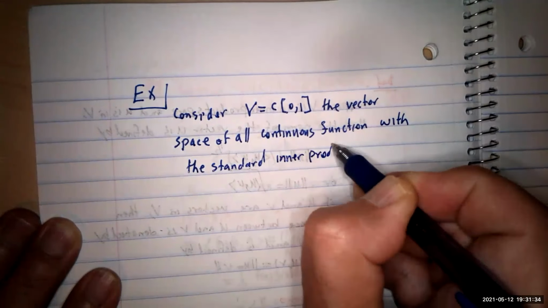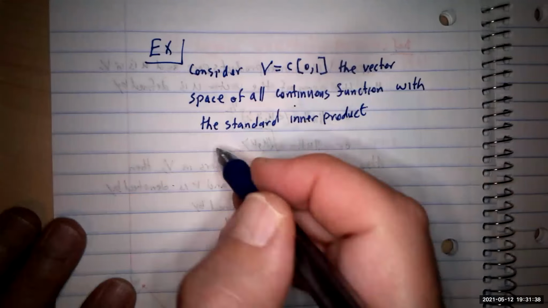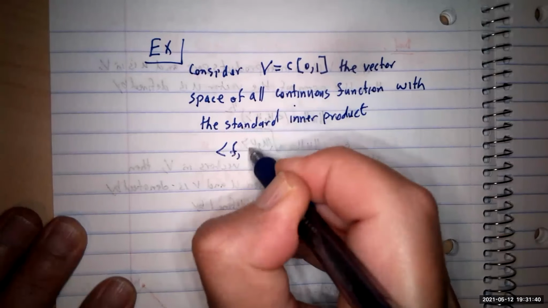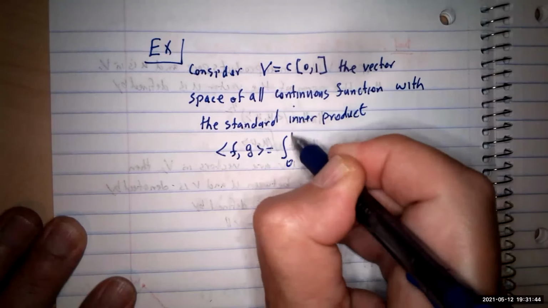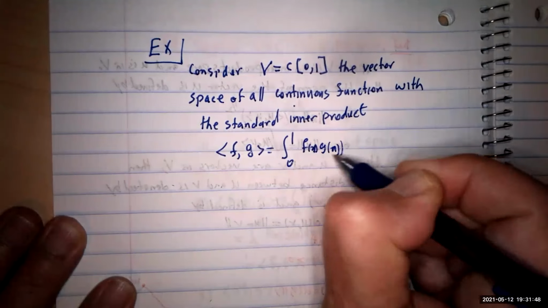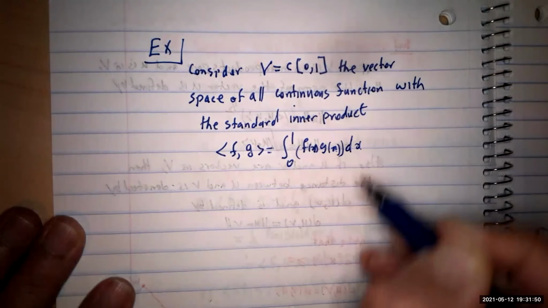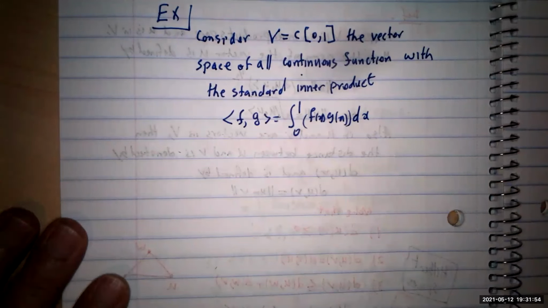You must know it yourself. In the standard case, the inner product of f and g is the integral from 0 to 1 of f(x) g(x) dx. That's what we mean by the standard.